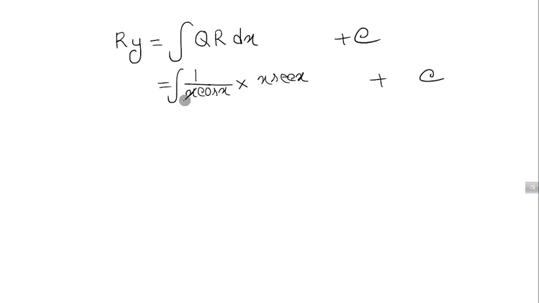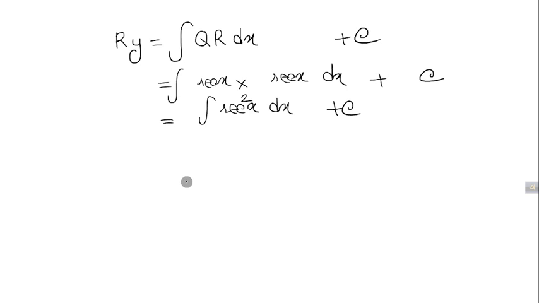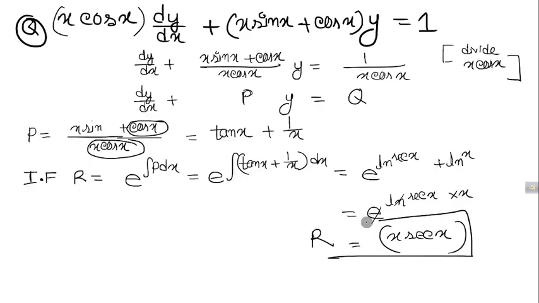Okay, so x cancels out, and 1 by cos x is equal to sec x, so I will have sec square x here. Now if I integrate sec square x, I will have simply tan x. Now what was r? r is equal to x sec x.